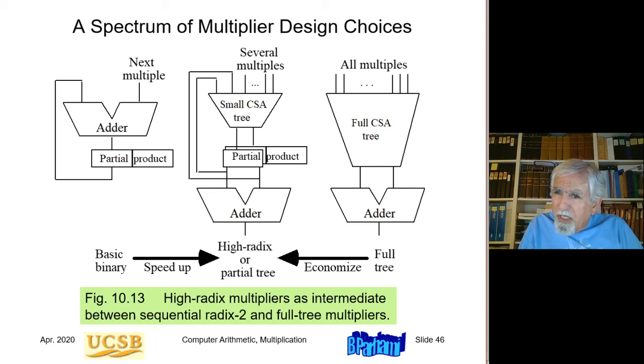It's just a matter of degree, to what degree I go to a method of handling several multiples at once. If it's a handful of multiples, then I call this a high-radix multiplier. If it's a whole bunch, maybe 16 or 32, then I tend to call this a partial tree multiplier.